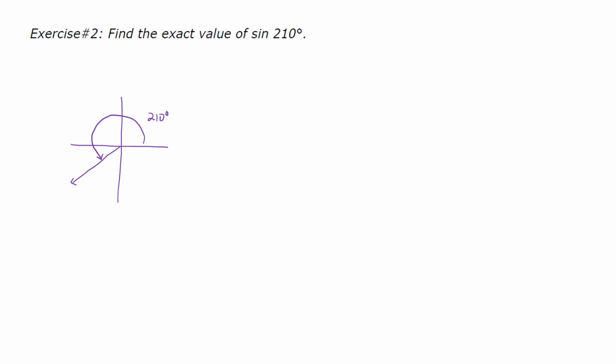So our first step is going to be to locate the reference angle. Since it's in the third quadrant, we are going to subtract 180 degrees from our angle, and we'll get 30 degrees. That's step number 1.